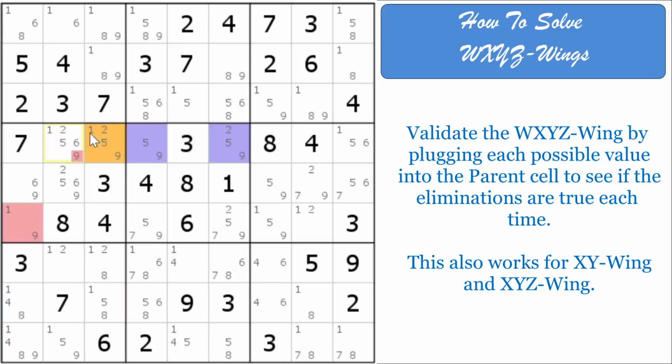So first, plug in the 1. If you plug in a 1 right here, then this cell becomes a 9, and that can't be a 9. That's that special relationship between the parent and the spouse. If you plug in a 2, then a 2 here makes this a 5-9 naked pair. If that's a 5-9 naked pair, this can't be a 9.